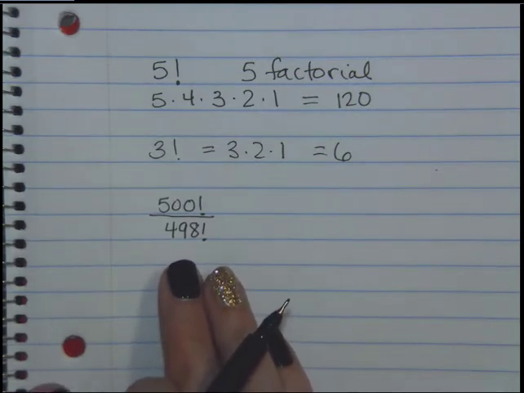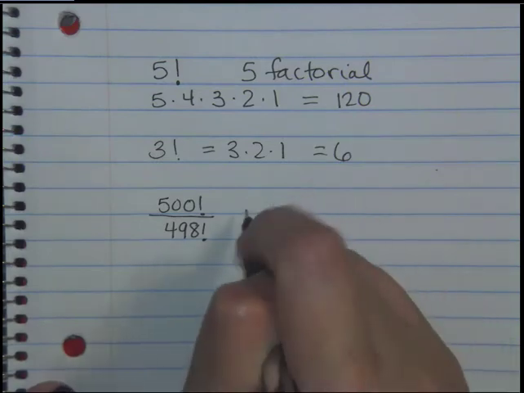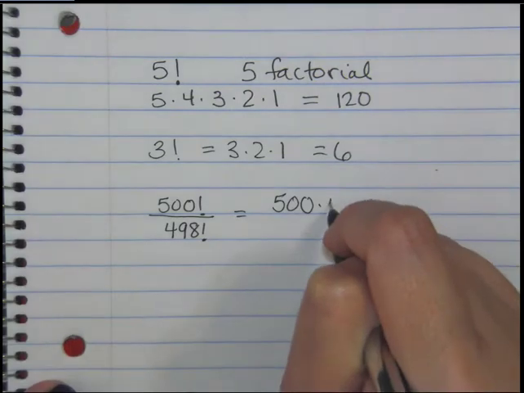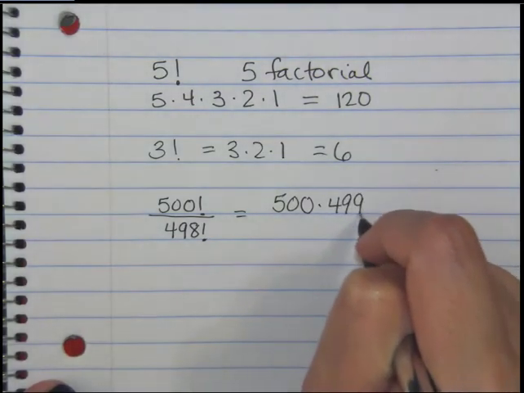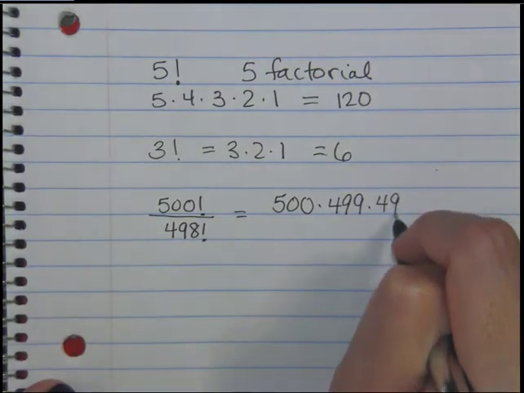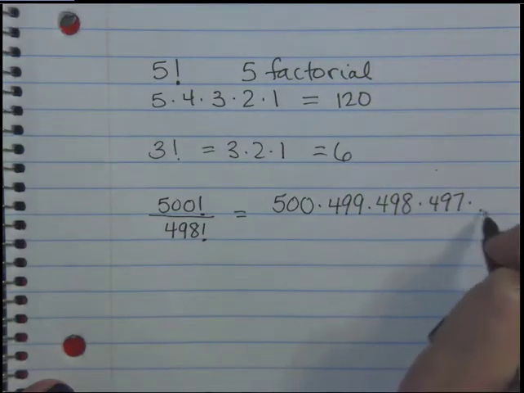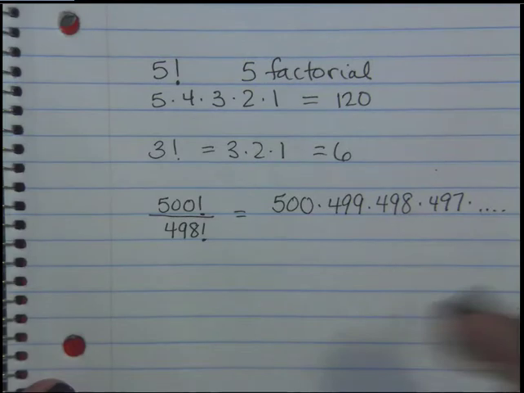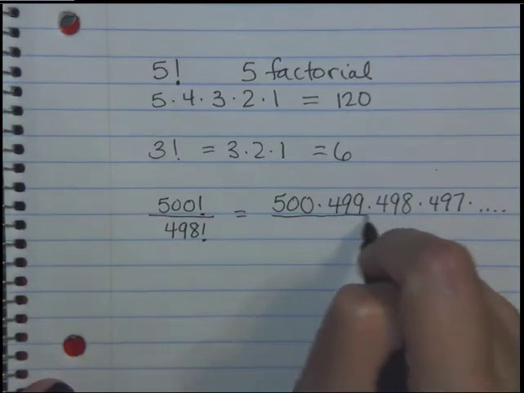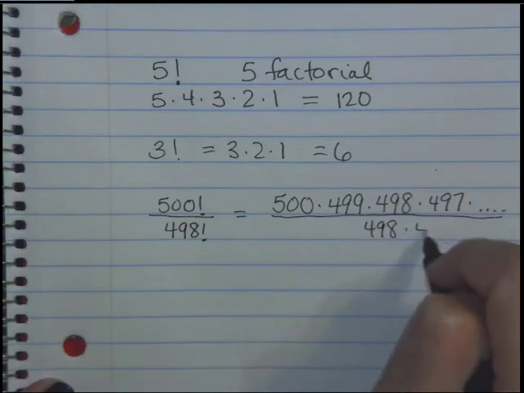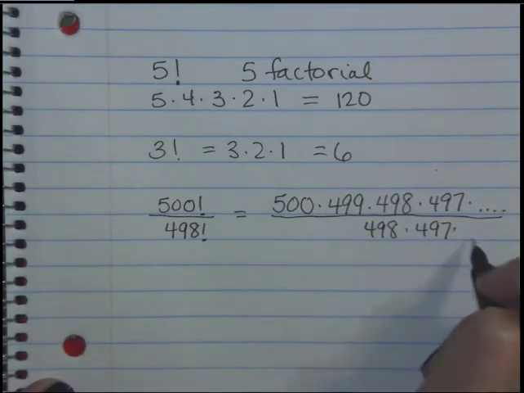Again, you have to understand what factorial means. 500 factorial means 500 times 499 times 498 times 497, and we're going to continue that on. Okay? 498 factorial means 498 times 497 times everything down to, we're going to go all the way down to 1. Okay?